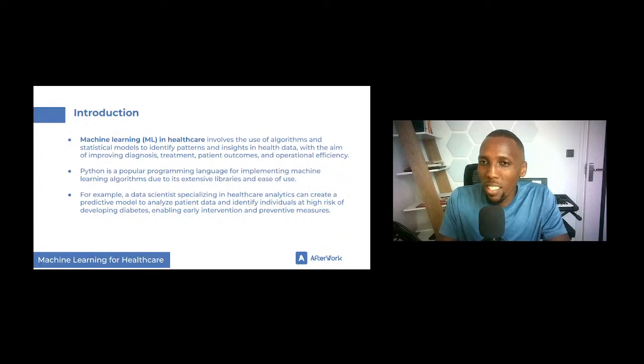So the variable of interest would be whether or not a patient has a high risk of developing diabetes, and you could have historical data based on other patients' data that you've collected, where some have already developed diabetes, and others haven't, and you can use that data to train the model and use that model later onwards to just make newer predictions, saving time and resources and generally ensuring that organizations are able to solve problems. There are so many problems in healthcare we can work towards when it comes to machine learning, and that's what we're going to uncover. So let's continue just learning a few more things.